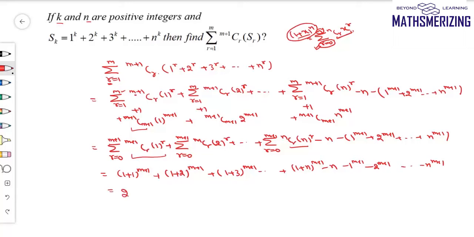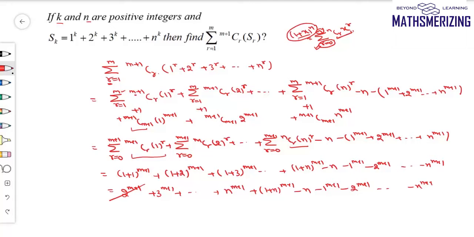So it'll be 2 to the power of m plus 1, plus 3 to the power of m plus 1, and then n to the power of m plus 1, plus (1 plus n) to the power of m plus 1, and minus n, minus 1 to the power of m plus 1, minus 2 to the power of m plus 1, and then minus n to the power of m plus 1.